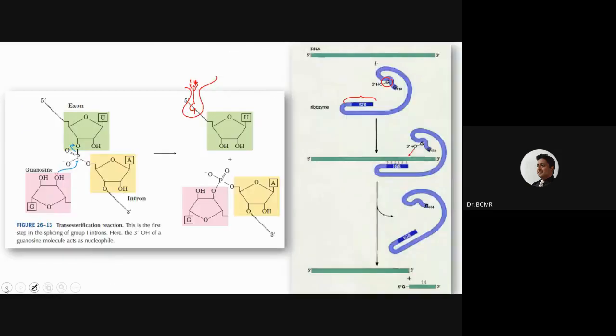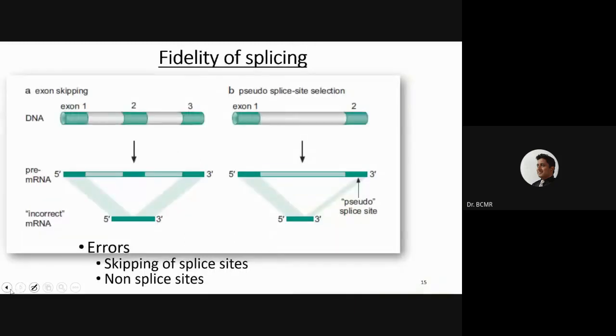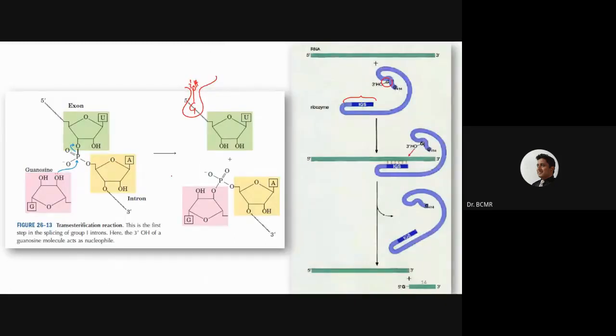Okay, now it's working. Yeah. So a transesterification reaction is where you break a phosphodiester bond and make another one, right? An acid group and OH. So this is the 3' OH that I have indicated here, and the 3' OH is activated, and that makes a bond here.